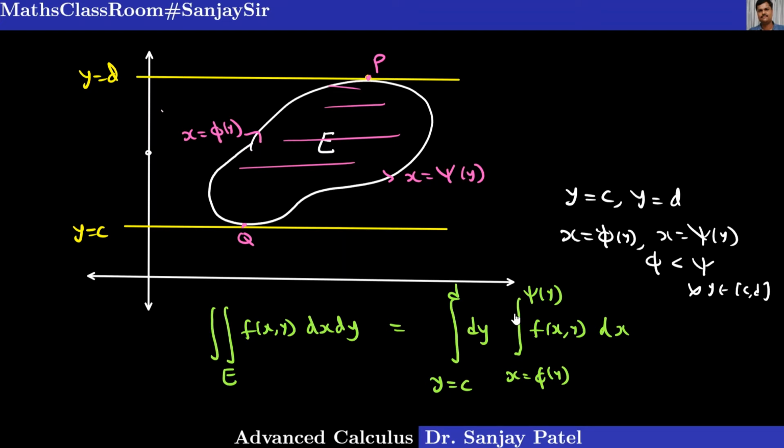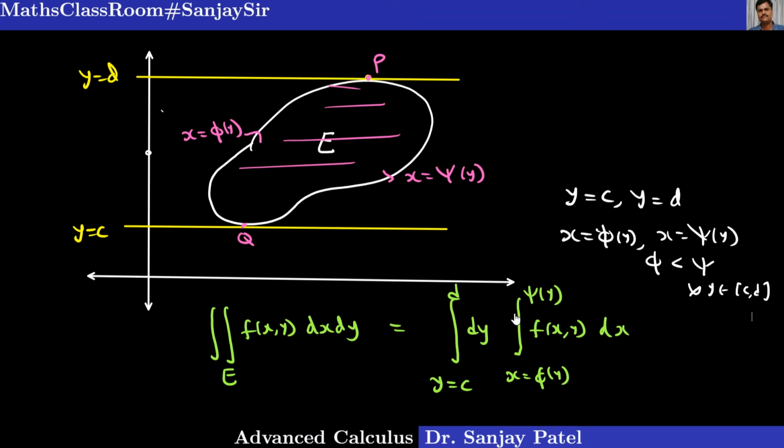Every continuous function defined on this type of closed and bounded region is always integrable, meaning its double integral always exists. So in all our problems, we assume that the given function is integrable, and we just learn how to compute the double integral using this technique.